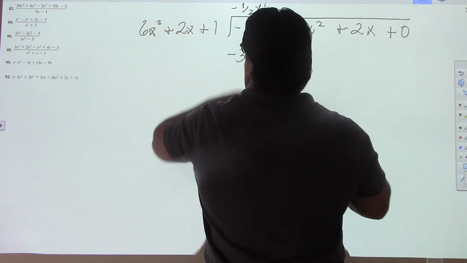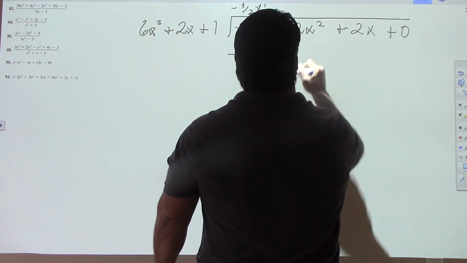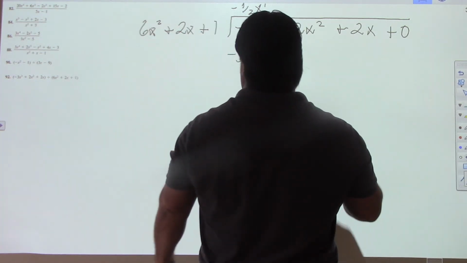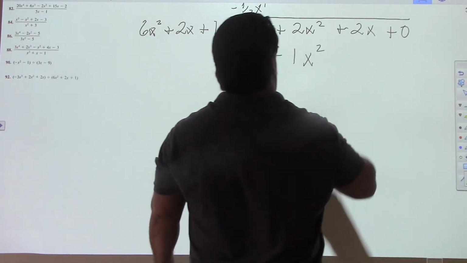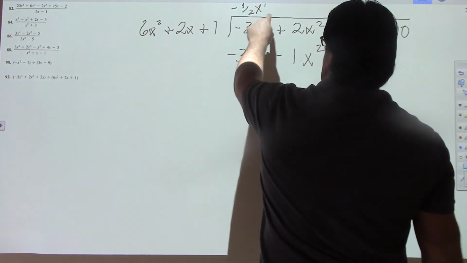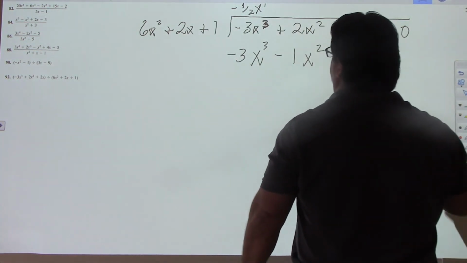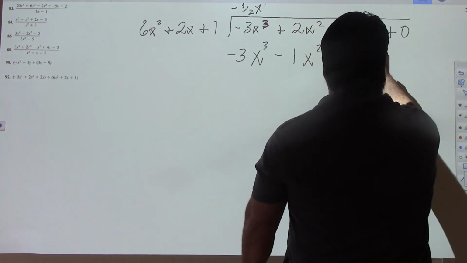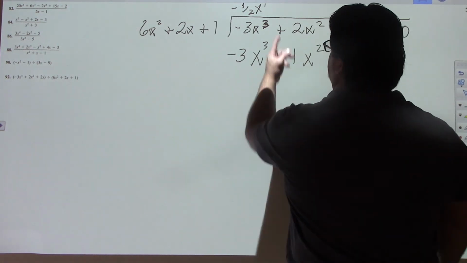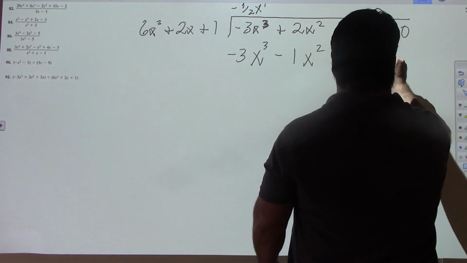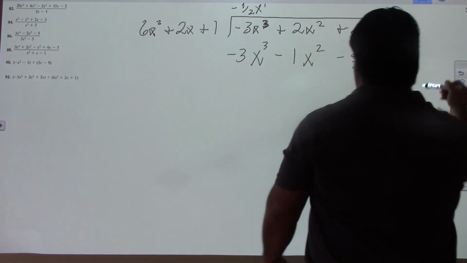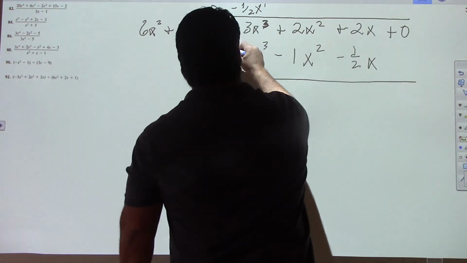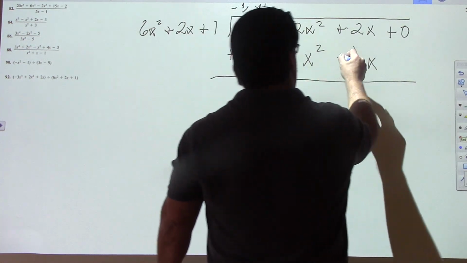And negative 1/2 times 6 is negative 3. Negative 1/2 times 2 is negative 1. And x to the first times x to the first is x squared. And negative 1/2 times 1 is negative 1/2. And x to the first times x to the 0 is x to the first. You always subtract. That makes this a positive, makes this a positive, makes this a positive.